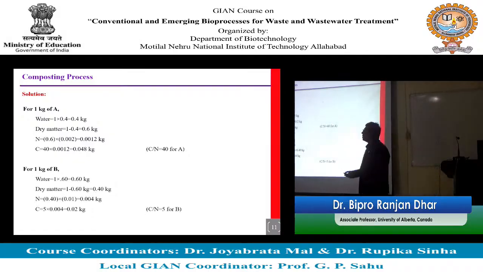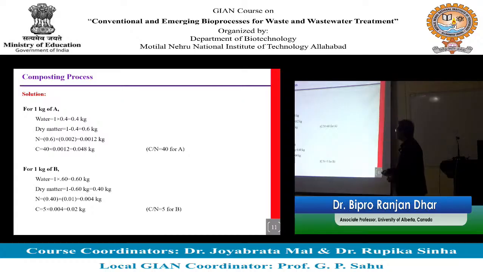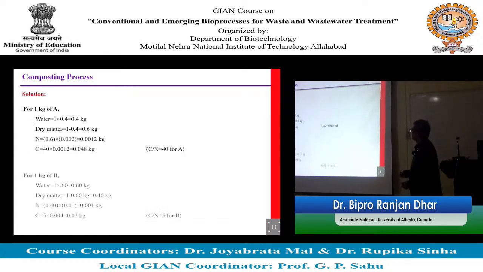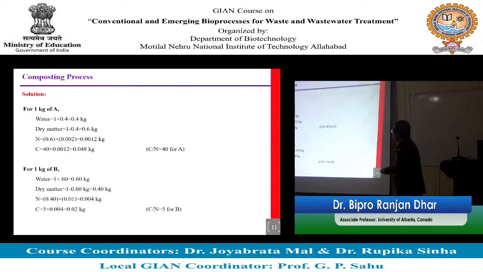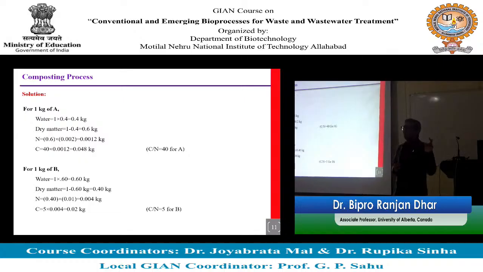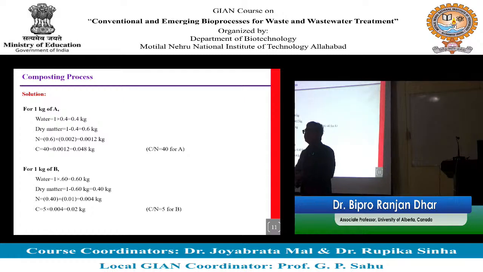For B, we know the moisture content is 60%. That means out of 1 kilogram, 400 grams is the dry weight for B. Nitrogen content was 1%, so we multiply by 0.01, giving 0.004 kilogram. And the carbon to nitrogen ratio is 5. So now I have, in 1 kilogram of both feedstocks, how much carbon and how much nitrogen we have.